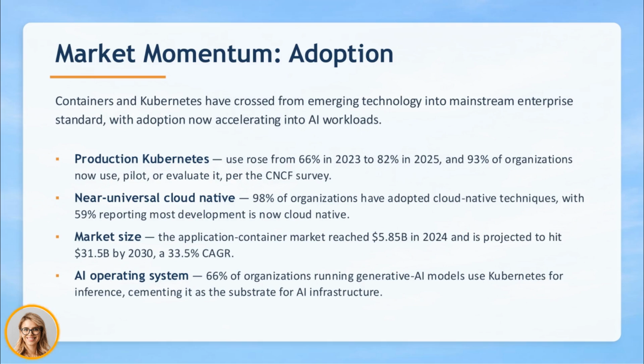Containers and Kubernetes have transitioned from emerging technologies to mainstream enterprise standards, with adoption now accelerating into AI workloads. Production Kubernetes use rose from 66% in 2023 to 82% in 2025, with 93% of organizations actively using, piloting, or evaluating it.